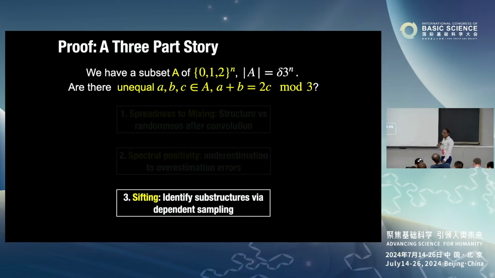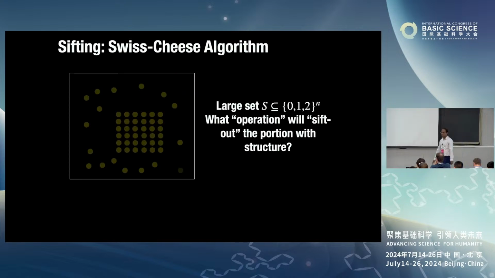We want to identify some additive structures that have upward deviation, and here I'm going to ignore all of them and talk about it in a very abstract way. A subset of any group tells you there is some structure.